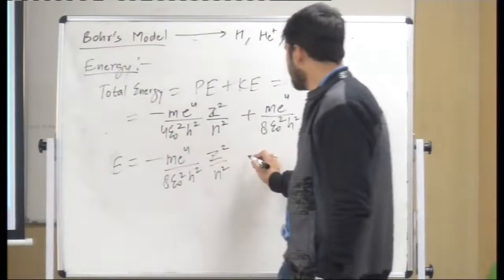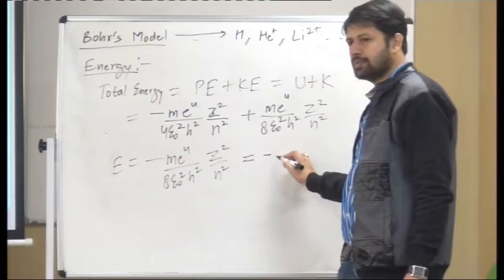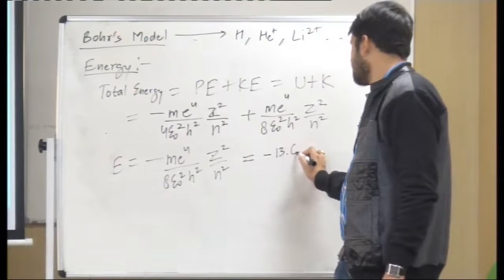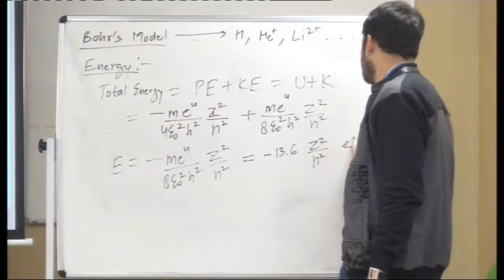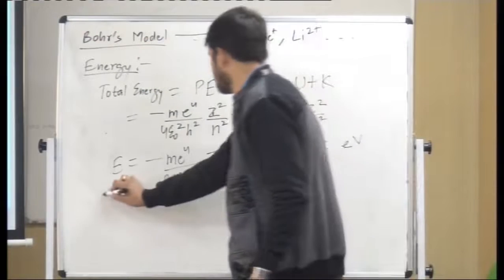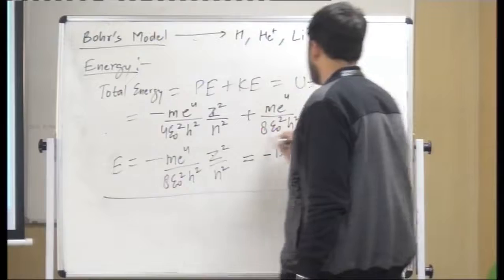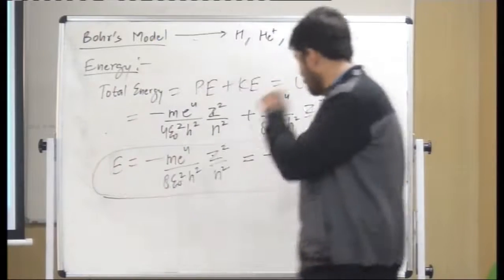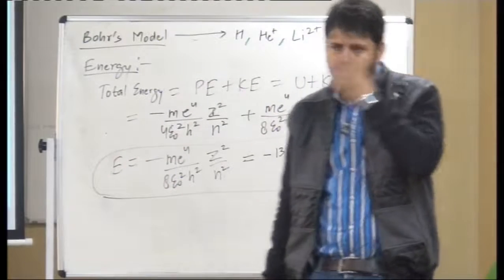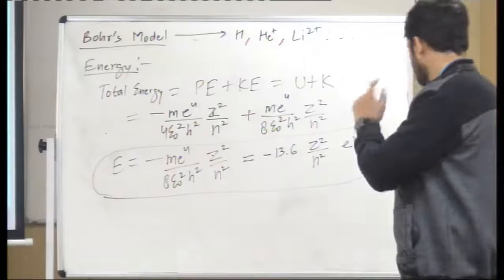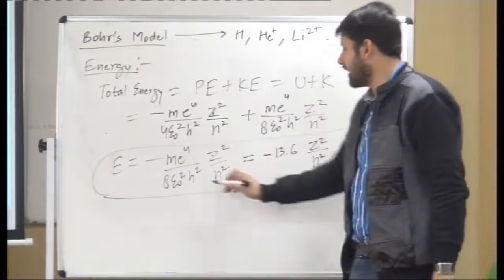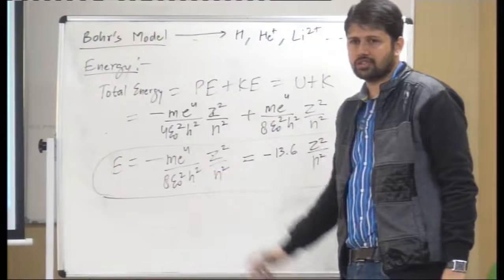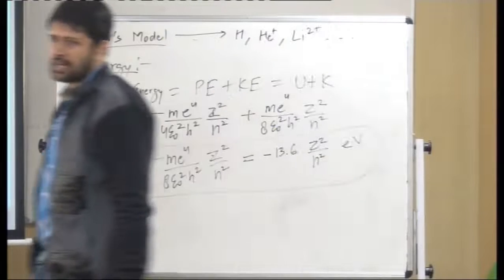Now if you put the values of all the constants, this becomes minus 13.6 z square by n square eV. Okay, we have put the value of h in electron volts. h is what? Planck's constant.